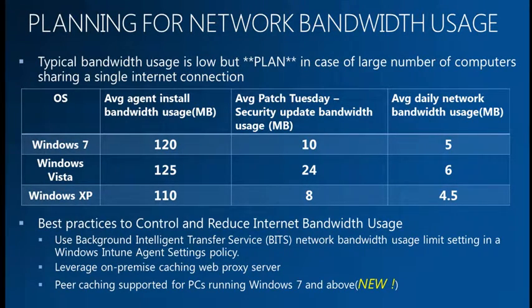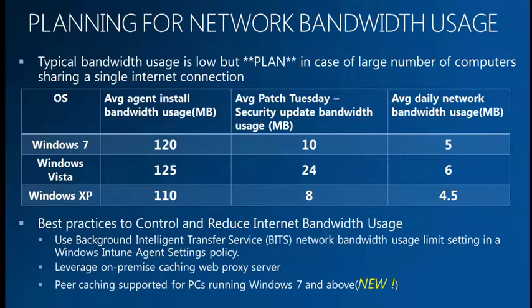And there are best practices you can follow as a customer to really cut down on your bandwidth needs. The first thing is a policy that we enabled in our October refresh that you can use to control network congestion. You can define a policy to say, I don't want any Intune downloads to happen during business hours, because that is where most of my productivity happens.